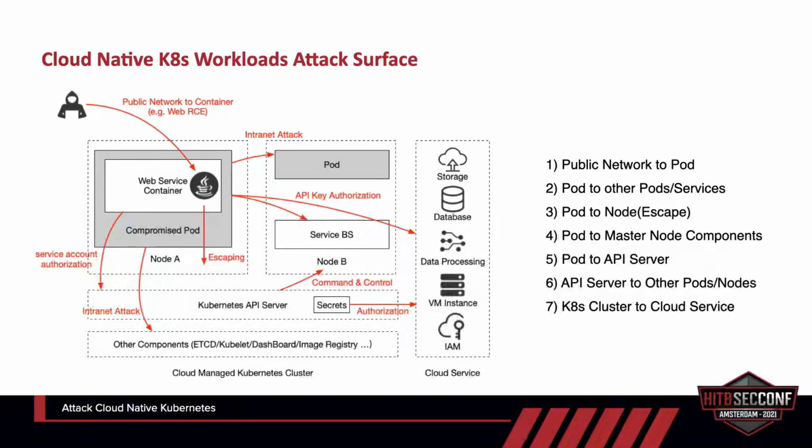Your purpose is to get more permissions of the entire service, such as obtaining permissions of other containers and pods, escaping to the current node of Kubernetes, obtaining the master node, obtaining the API server, and even obtaining the cloud account where the hosting cluster is located.